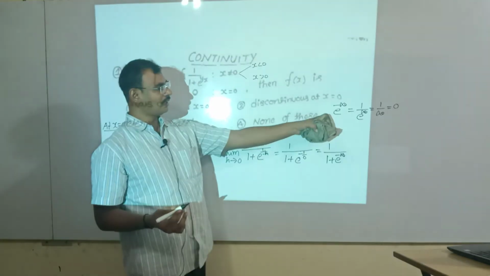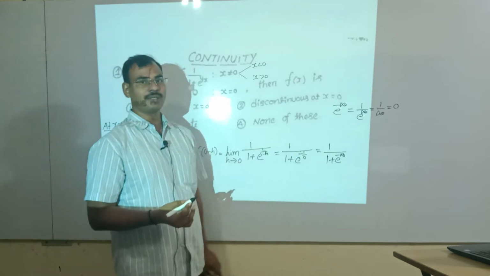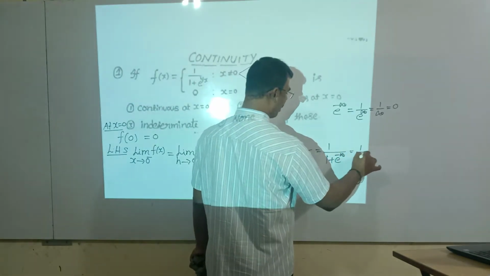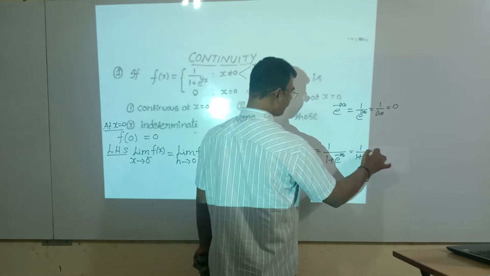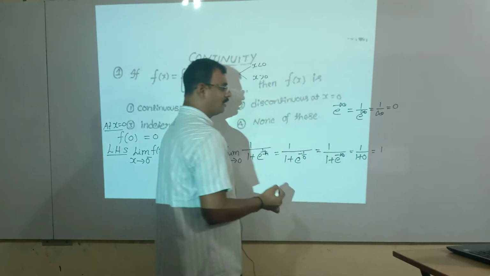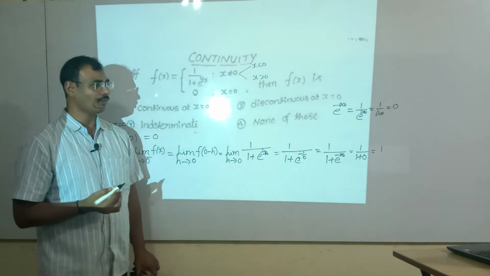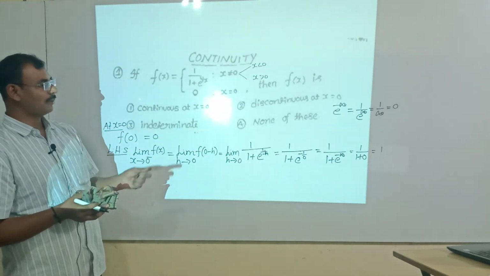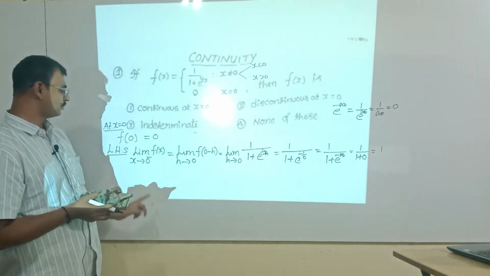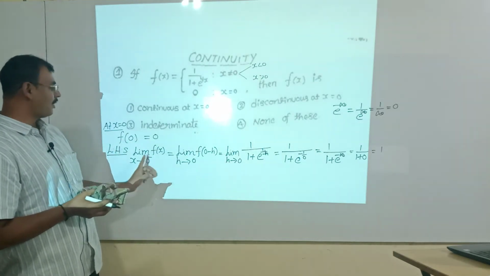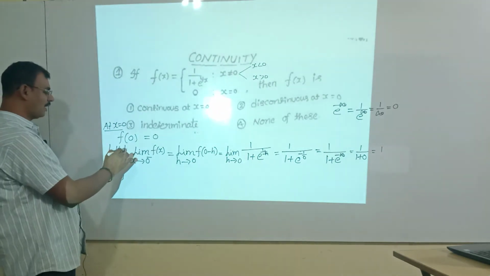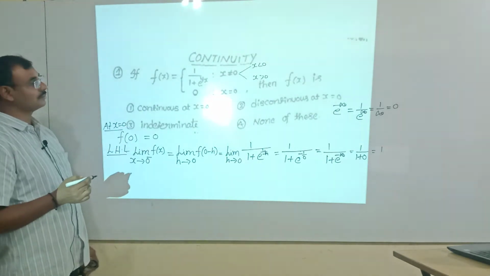So e raised to minus infinity is 0. So 1 upon 1 plus 0 is 1 divided by 1, that is 1 only. We got the left hand limit is equal to 1.